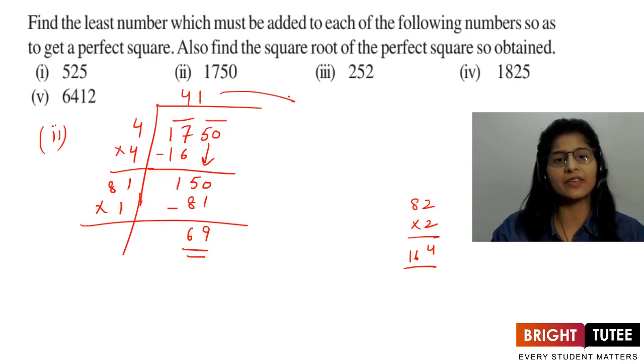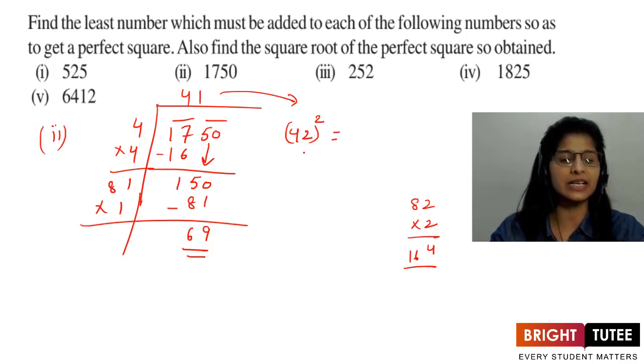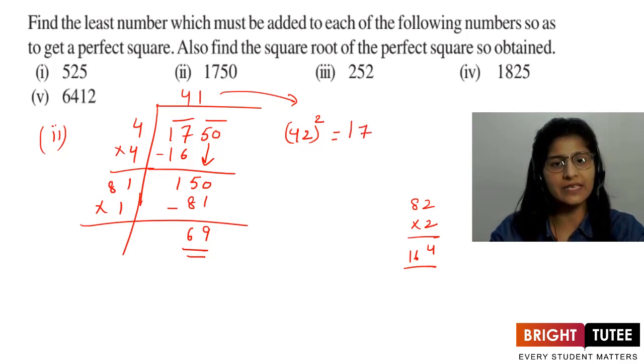So what is the next number after 41? It is 42. Right? So what we are going to do here is, as we did in the previous part, we have calculated the quotient, which is 41 here. What is the next number after 41? It is 42. Clear? 42 square is 1764.